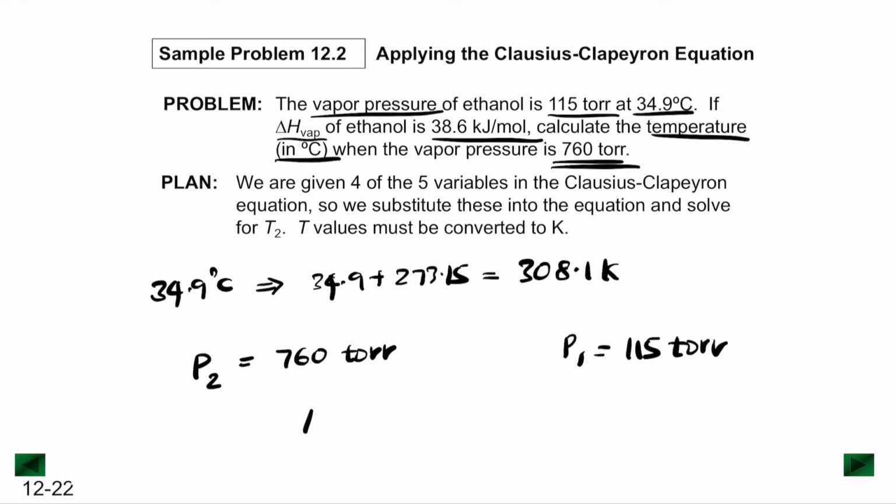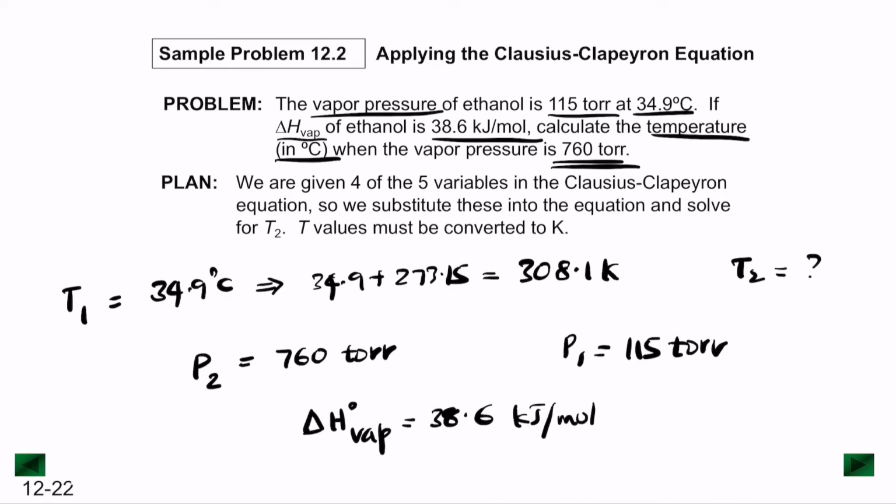You have delta H of vaporization of ethanol as 38.6 kilojoule per mole. Now, based on the values that we have here, this temperature is T1. They are asking you to calculate T2.